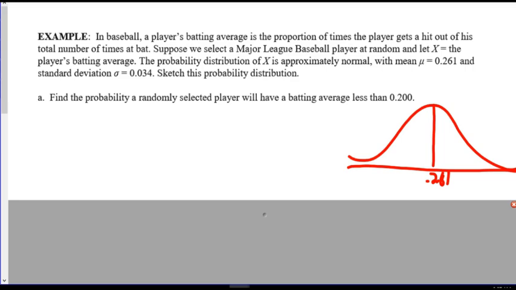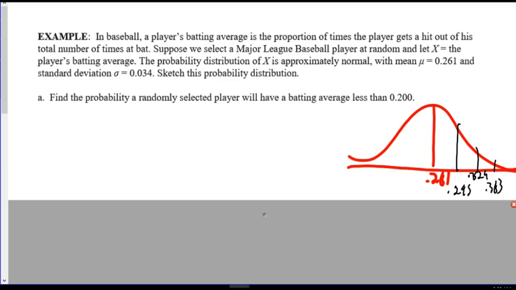You get 0.295. And then I'm going to add, again, 0.034. You get 0.329. And the third one, I'm going to add 0.034 again and get 0.363.